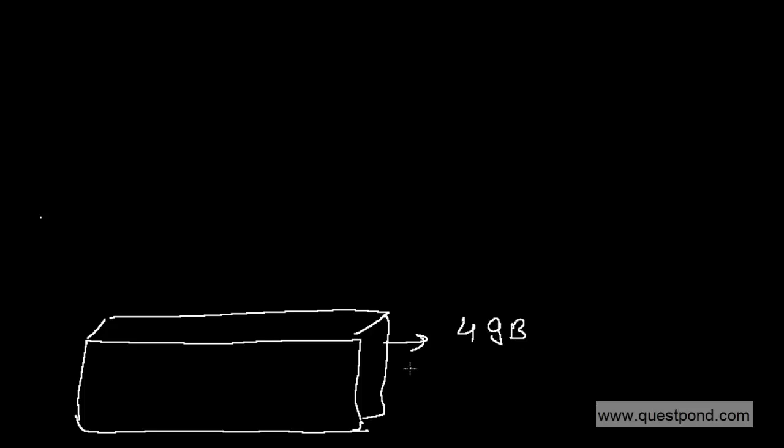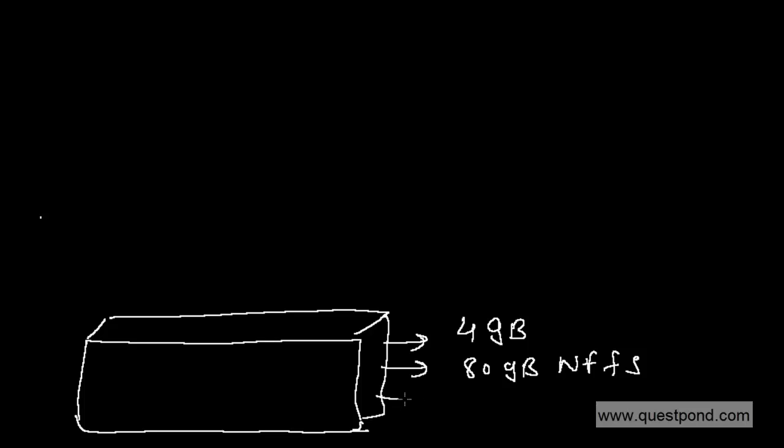The first thing is your box, your machine. Let's talk about the hardware first. The hardware on which SharePoint should be installed should have a minimum of 4 GB RAM. It should have at least an 80 GB hard disk, NTFS.